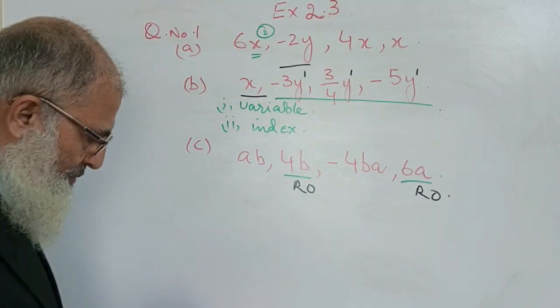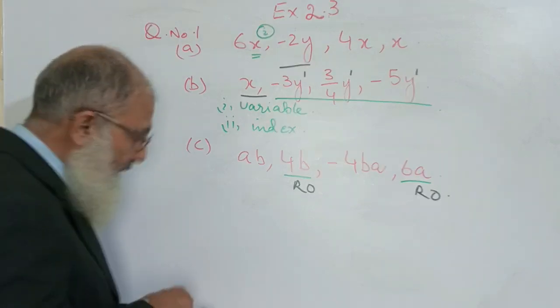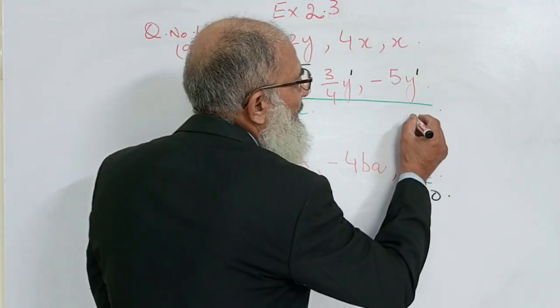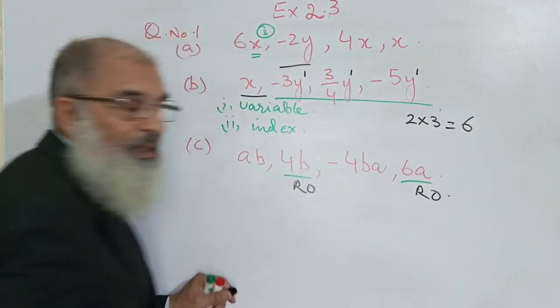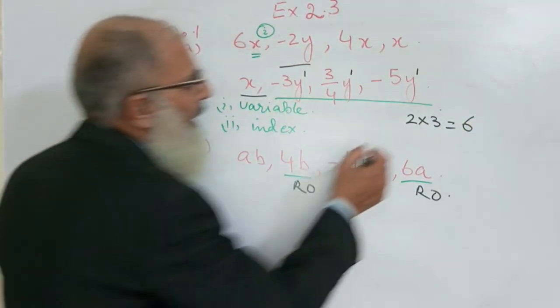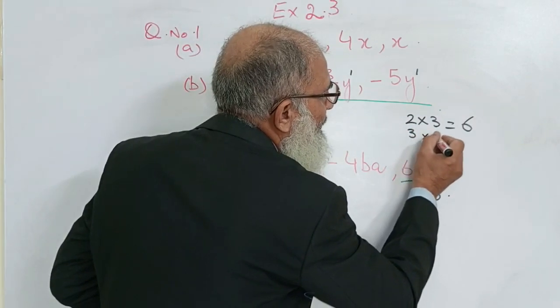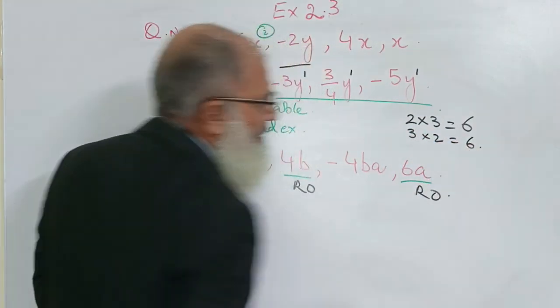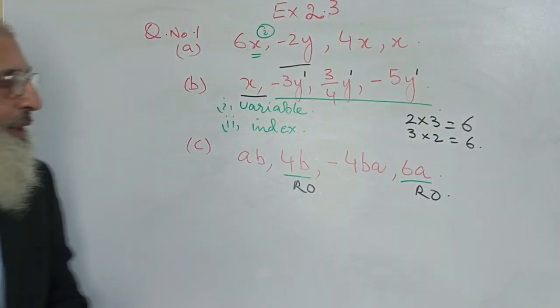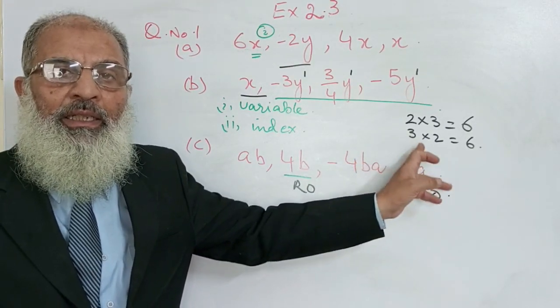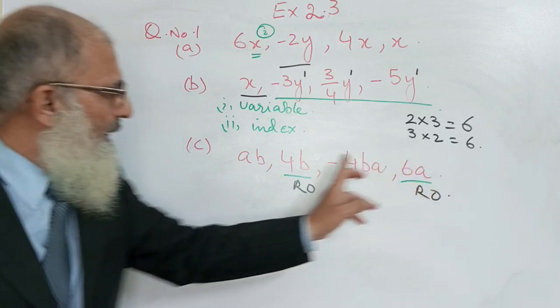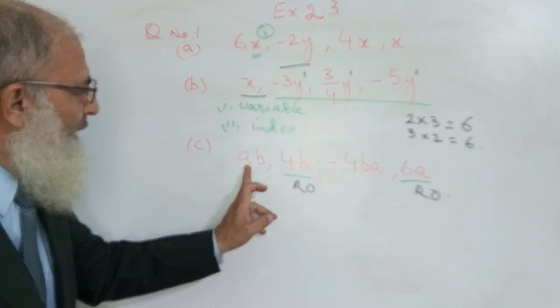Why are these the same? Because if I multiply 2 with 3, it will come up with 6, and if I multiply 3 with 2, it will come up with 6. So the position does not matter in multiplication, and these are multiplied with each other.